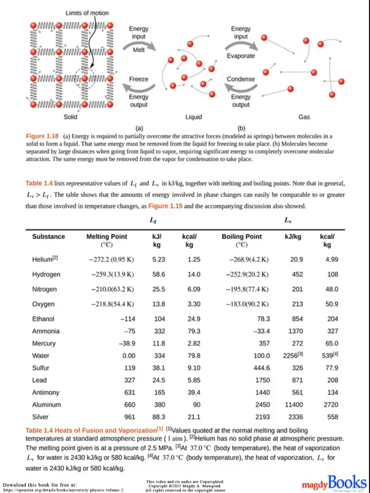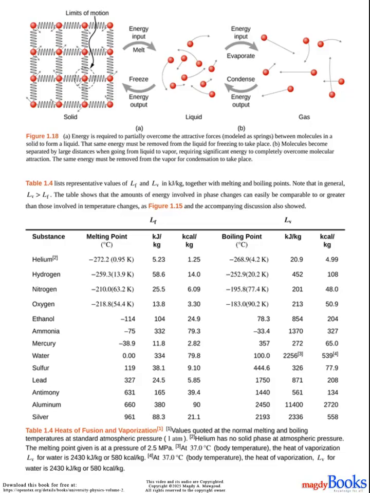Melting point, 119 degrees Celsius. 38.1 kilojoules per kilogram, or 9.1 kilocalorie per kilogram. Boiling point, 444.6 degrees Celsius. 326 kilojoules per kilogram, or 77.9 kilocalorie per kilogram.